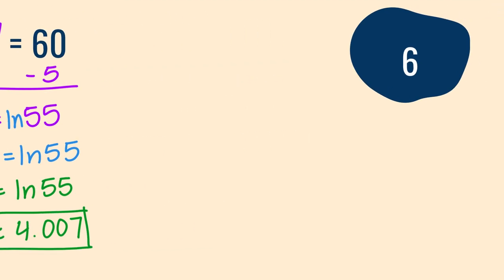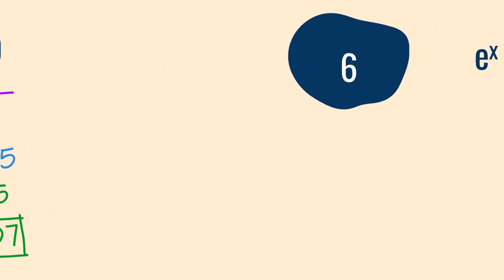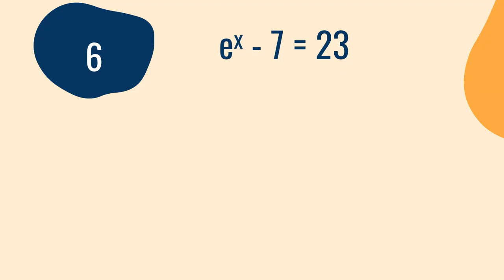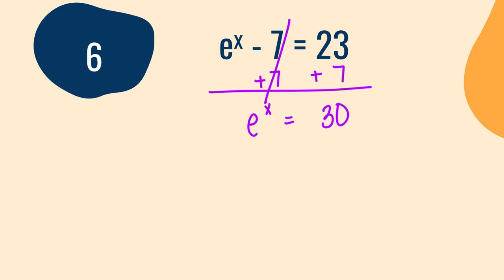All right, going to number 6, same process. Trying to get that e to the power of x by itself. So first thing I have to do is add 7. Okay, doing the inverse operations to both sides of my equal signs. e to the power of x equals 30. And using natural log, I'm going to use ln.